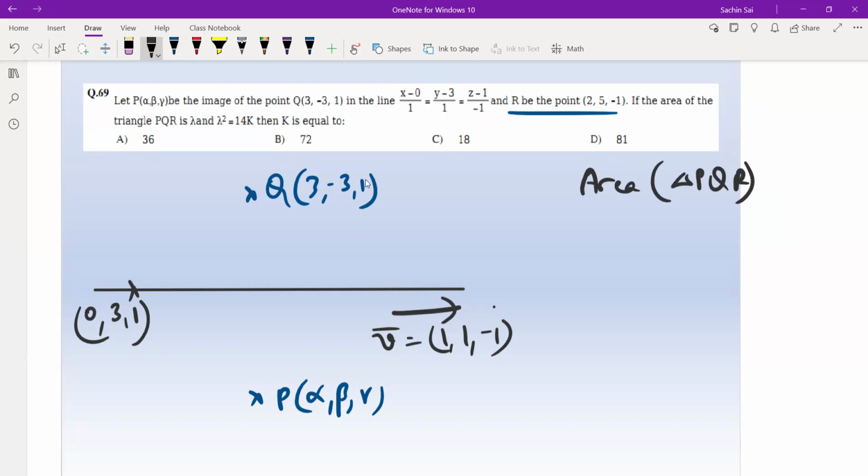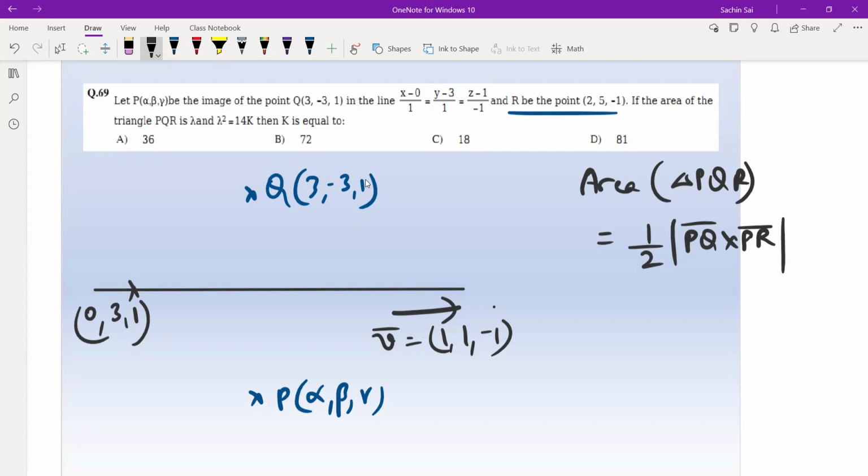So you have a very straightforward formula in 2D geometry. In 3D geometry, you might have to use the cross product, right? So you have half modulus PQ cross PR. Or in fact, you can take the cross product of any two adjacent sides of the triangle, right?